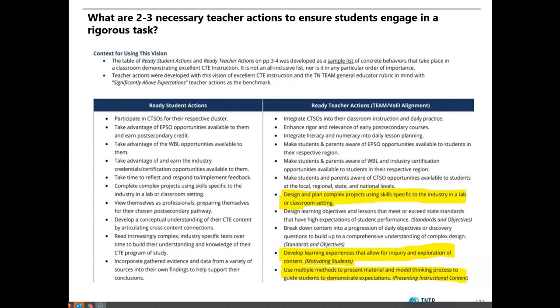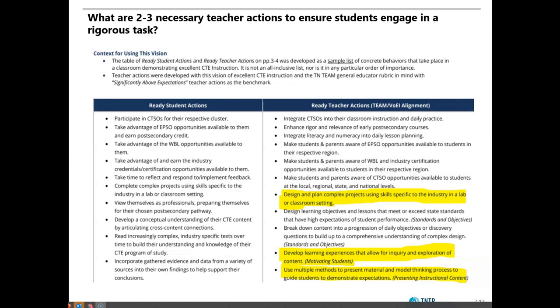And though the student actions and looking to see how the students are engaged in a task are incredibly important, we can only be responsible for what we can do. And in designing complex projects using industry-specific skills and developing learning experiences that allow for exploration of content, we are able to offer rigorous tasks to students.